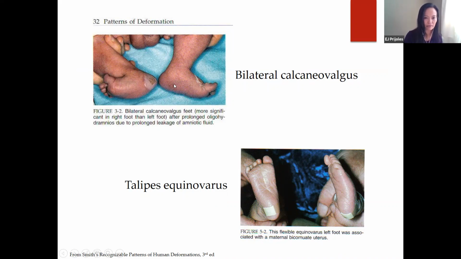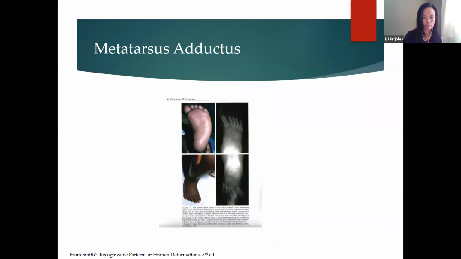So again, an example after prolonged low amniotic fluid, the foot could be abnormally positioned, and after birth you may see this, but you're able to move the foot to normal position, as well as clubfoot or talipes equinovarus. And metatarsus adductus, where the toes are medially deviated, but again, can be moved to a more neutral position manually.